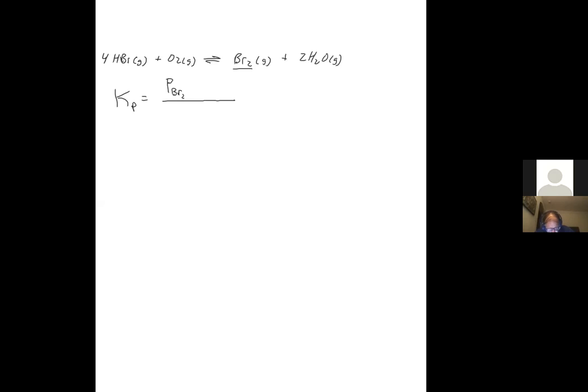Okay, the coefficient's a 1, that's cool. Now you can put it in parentheses just as long as it's not square brackets notation, right? So I could put it like that. Everything's a gas, so H2O squared, right?